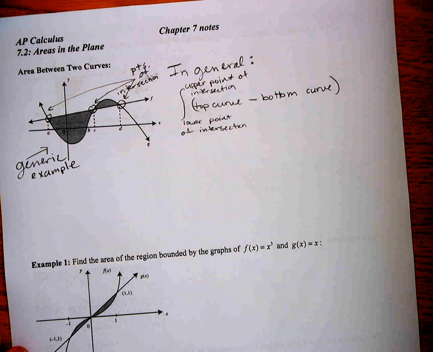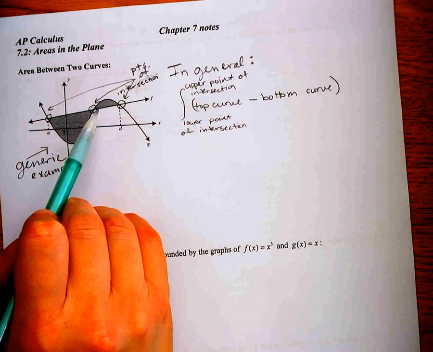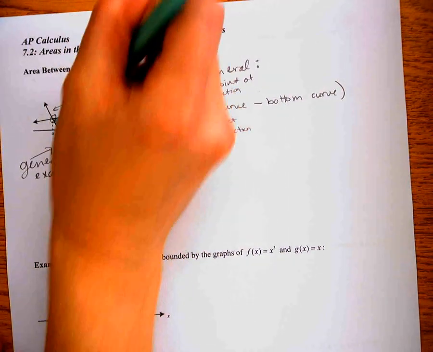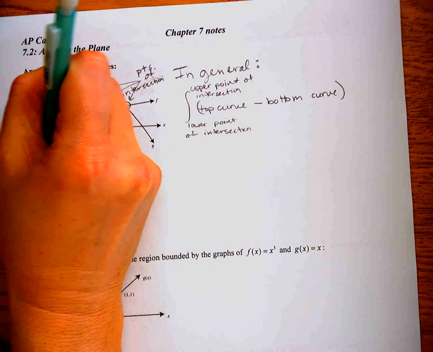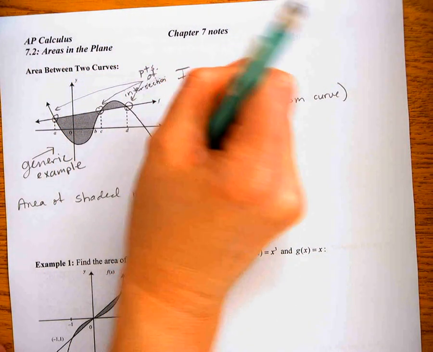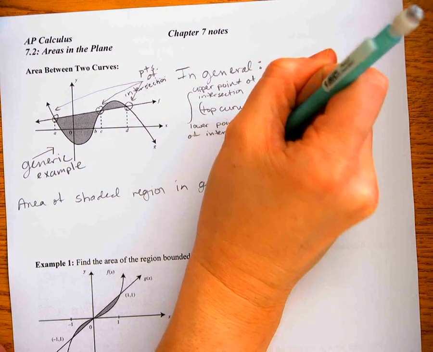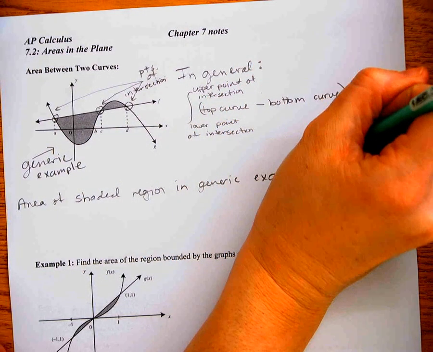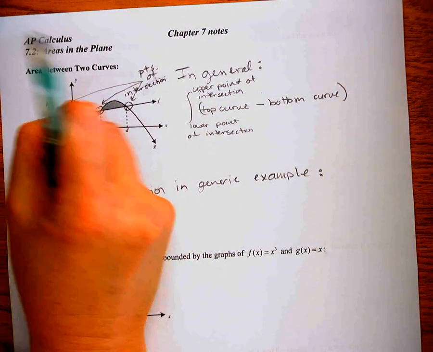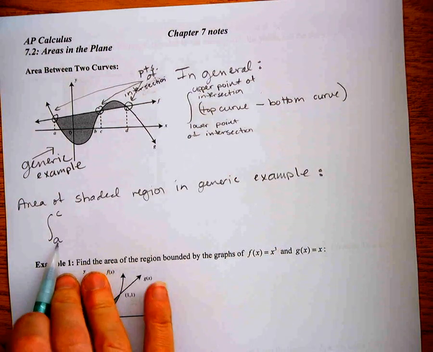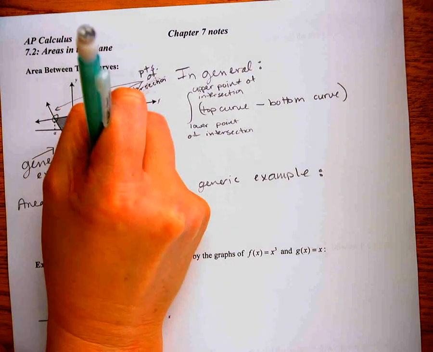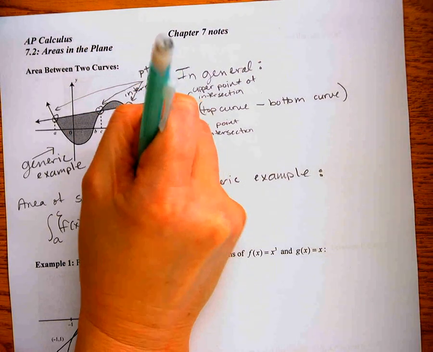So we have those points of intersection, but it switches at point C. Which curve was higher versus lower switches at point C. So to find the area of this shaded region in that generic example there, first we would integrate from A to C. So we take the lower point of intersection up to the higher point of intersection of f minus g for the first part, because f was higher than g was.